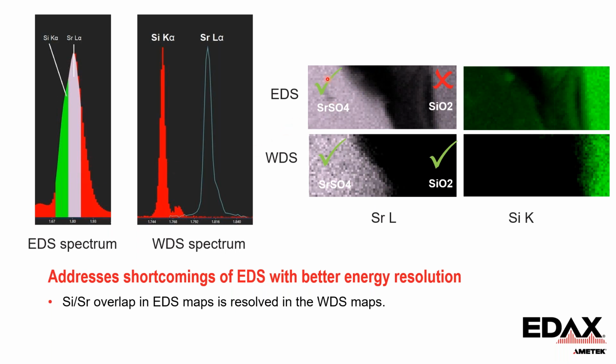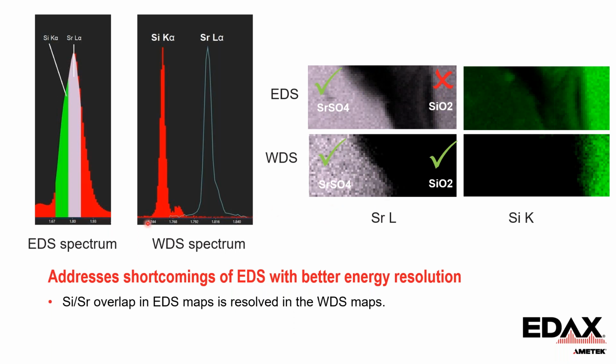So the EDS maps tell us strontium is on both sides of the sample. But the strontium signal from the right-hand side is actually from the contribution of the silicon K due to the heavy overlap in the EDS spectrum.